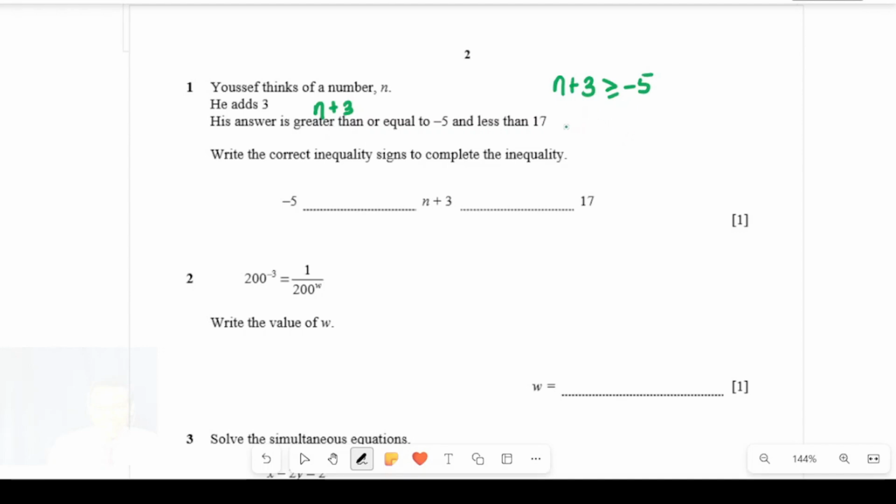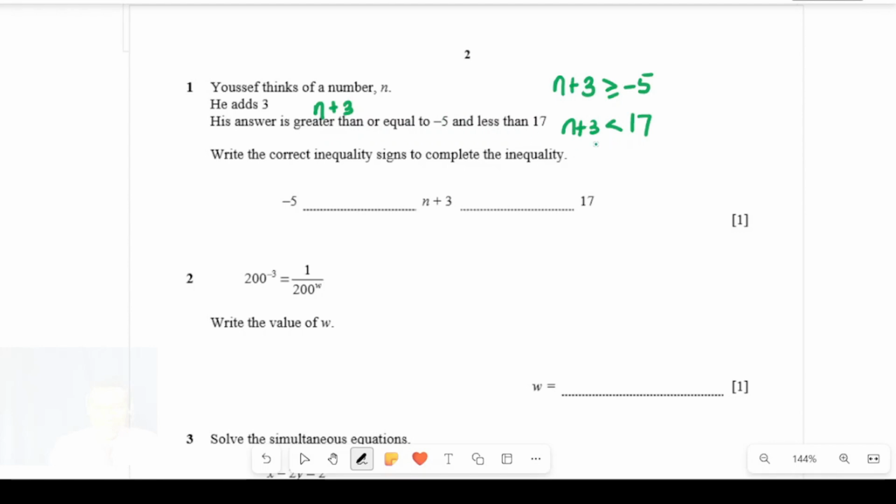And then his answer, n plus 3, is less than 17. So the answer is greater than or equal to minus 5 and less than 17.